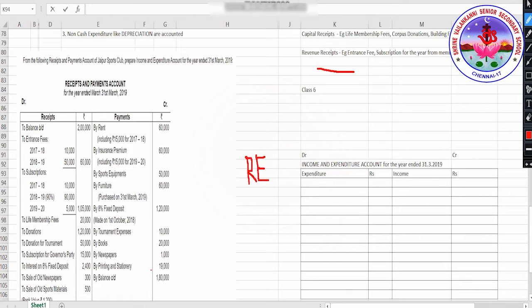There should not be any capital expenditure. The deposit is also a capital item. Tournament expenses, any specified expenses, should not come.